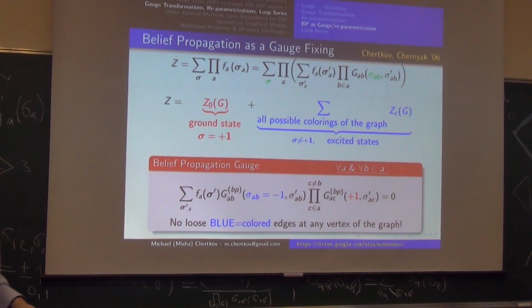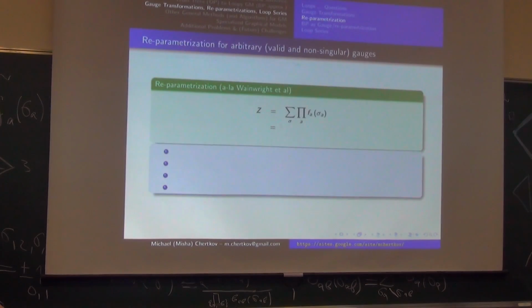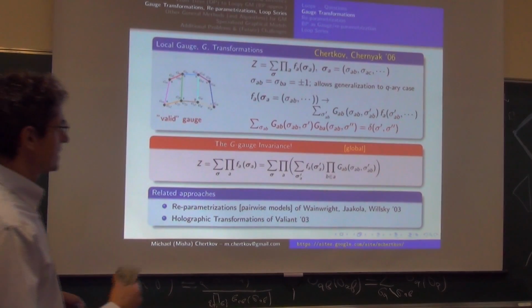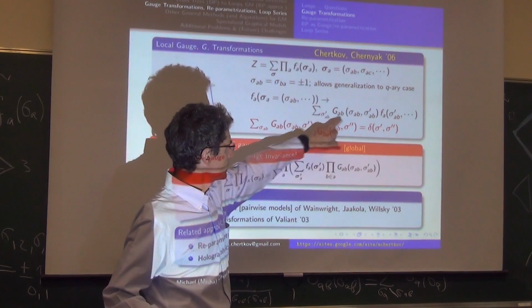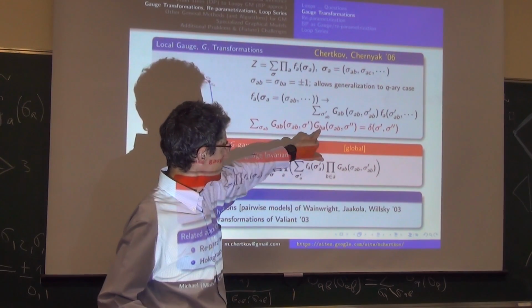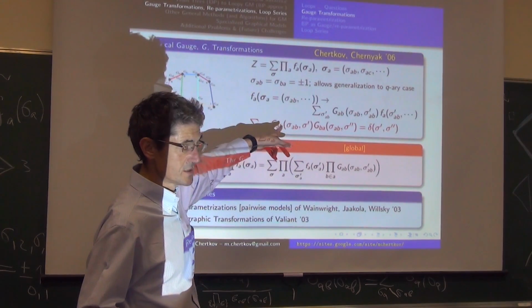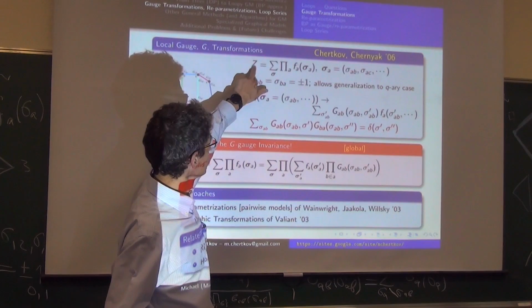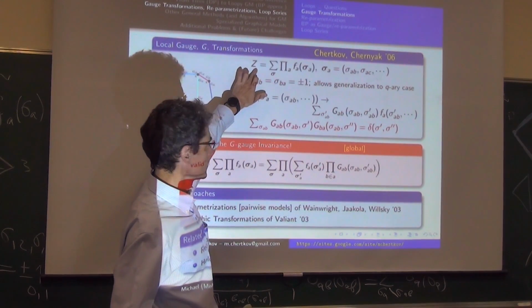So let me restate it again. My matrix J, I conditioned J in 2 steps. First of all, I introduce this transformation and I require that J and G, as matrices, are the inverse of each other. That's the first condition. That's to keep the partition function. Basically, any transformation of this type keeps the partition function invariant.